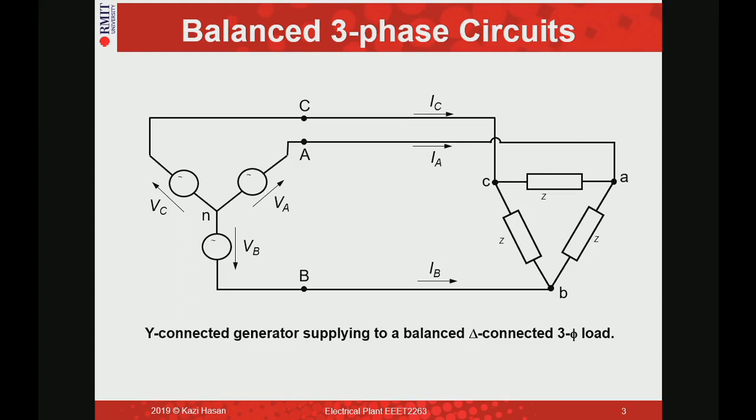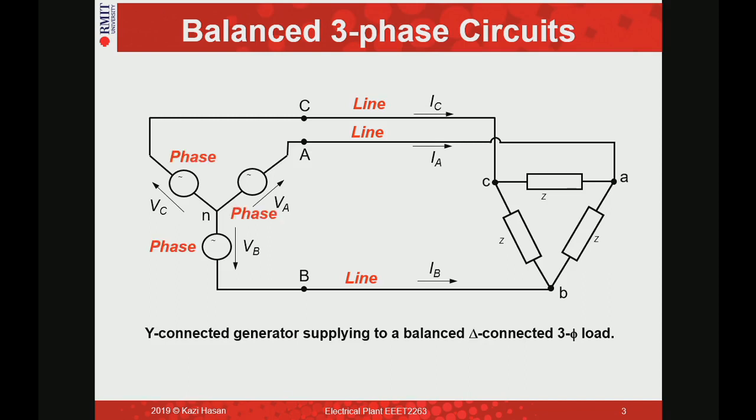Now, that is Y connection and this is delta connection. And what we see here, these are the lines, three lines. So if you look on your left at point C, A or B, you can see that the lines are going from Y to delta.